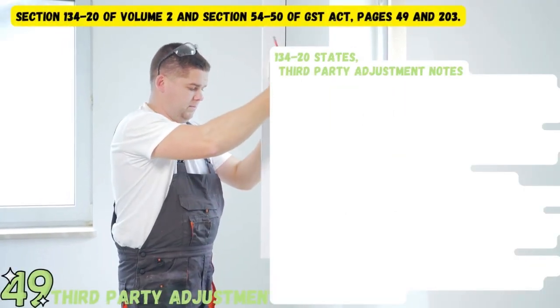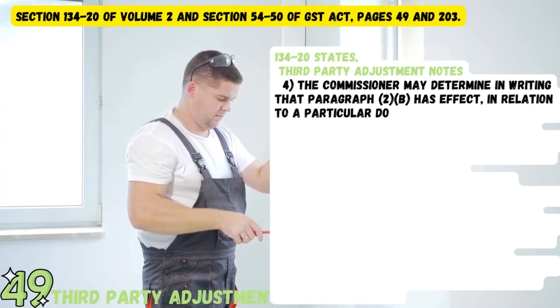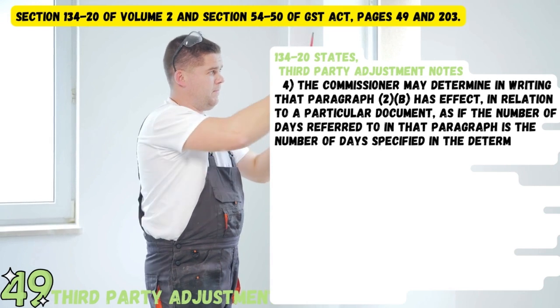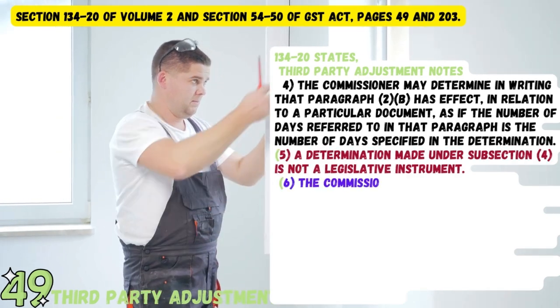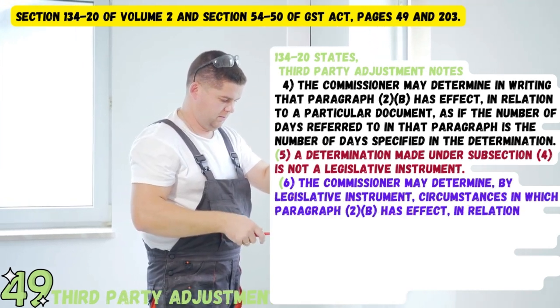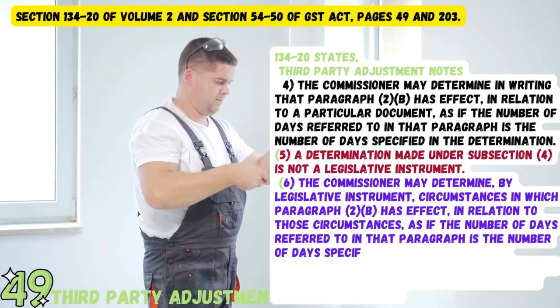4. The Commissioner may determine in writing that paragraph 2B has effect in relation to a particular document, as if the number of days referred to in that paragraph is the number of days specified in the determination. 5. A determination made under subsection 4 is not a legislative instrument. 6.